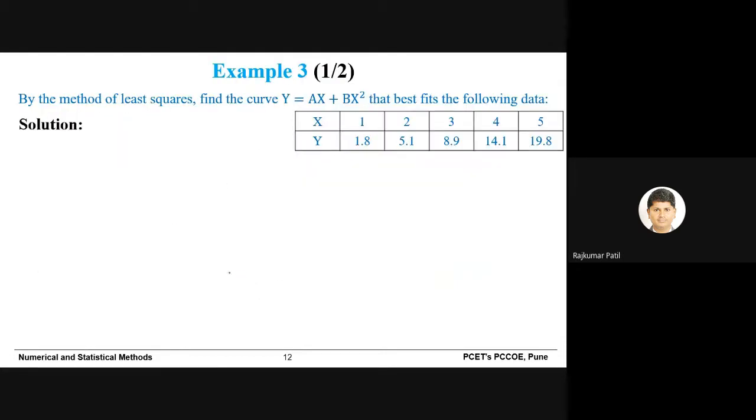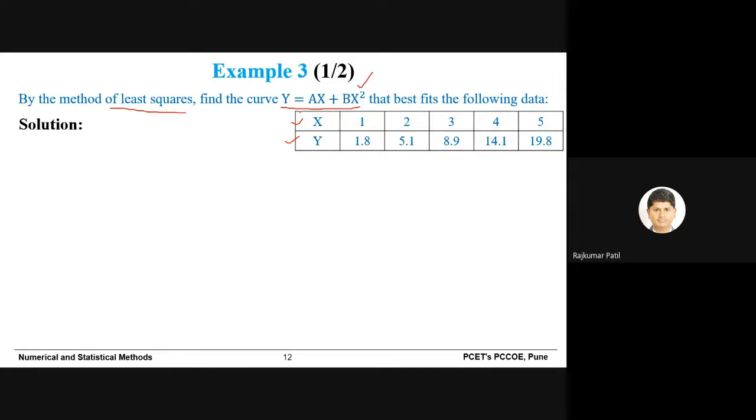Let's take one example. By the method of least squares, find the curve y is equal to ax plus bx square that best fits the following data, and the values of capital X and capital Y are given to you. A very interesting thing in this problem is that it is not mentioned that you need to fit a straight line.